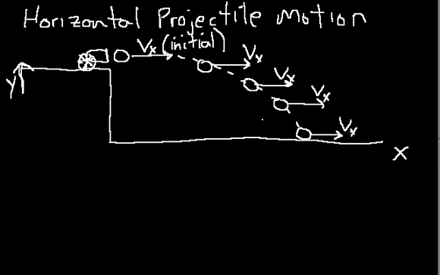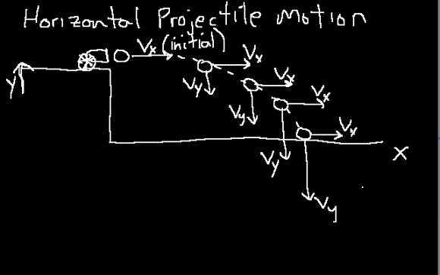There's no force pushing it horizontally to make it go once it leaves the cannon. Gravity does, however, act on it, and gravity starts to pull it down almost immediately after it leaves the cannon. We have the force of gravity acting, and so while there's no initial velocity component right up here where it starts in the y direction, by the time it gets moving along, there's a component to the velocity in the y direction downward, and that component gets larger as the cannonball approaches the ground, until just as it hits, it gets bigger and bigger and bigger.